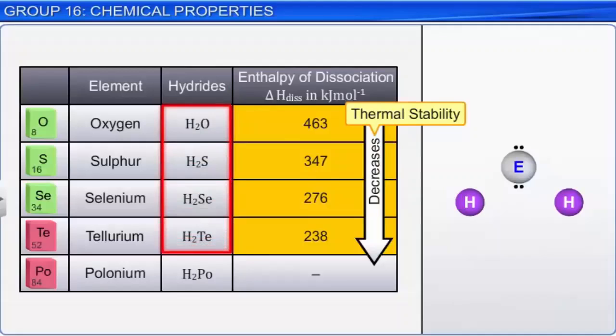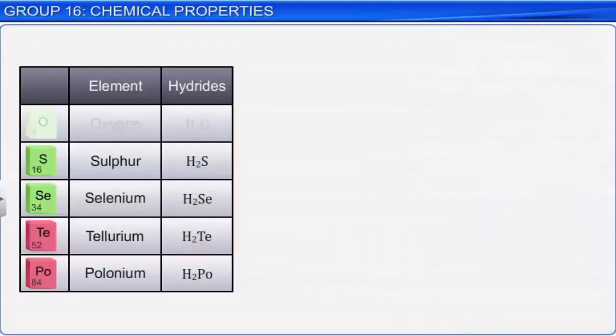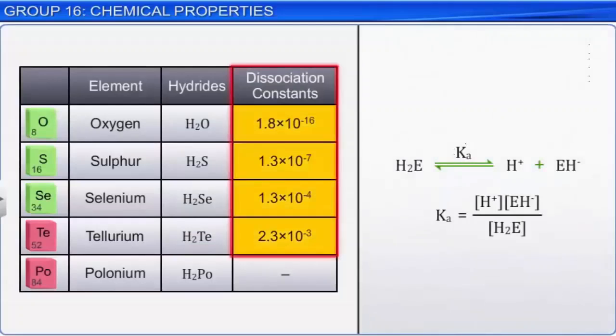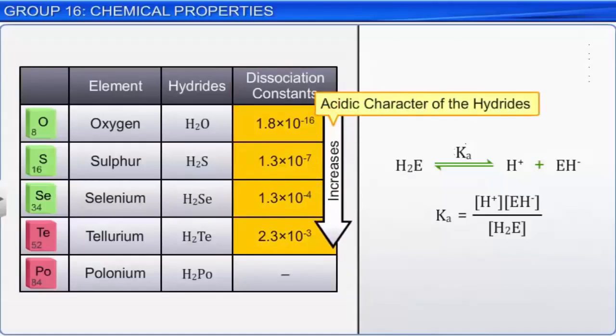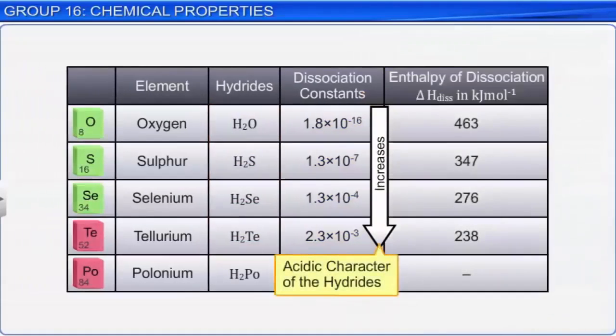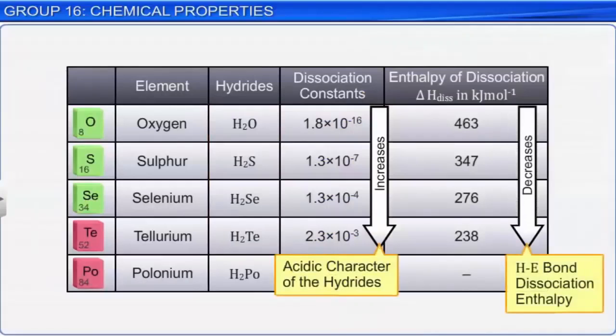As can be seen from the dissociation constant values, the acidic character of the hydrides increases from H2O to H2Te. The increase in acidic character is due to the decrease in the H-E bond dissociation enthalpy from H2O to H2Te.